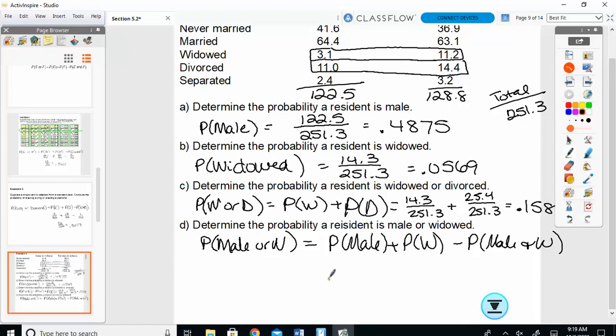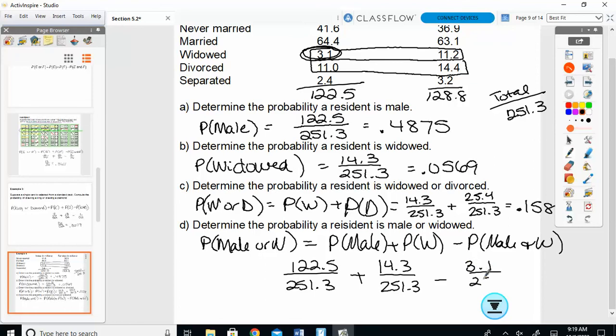The probability of being male, we already found that, 0.4875, or I guess if I want to be more precise, I'd bring down the fraction because we did round. Probability of being widowed we found in part B, minus the male and widowed.